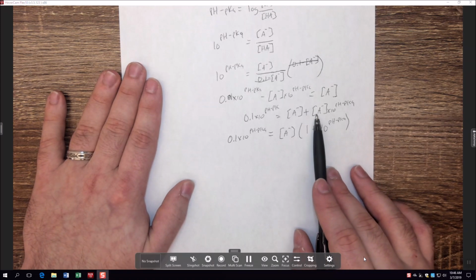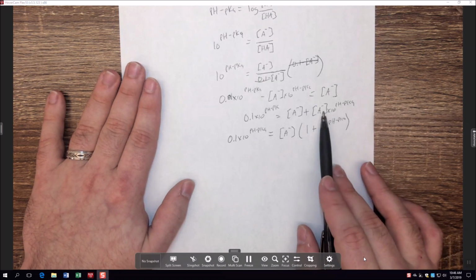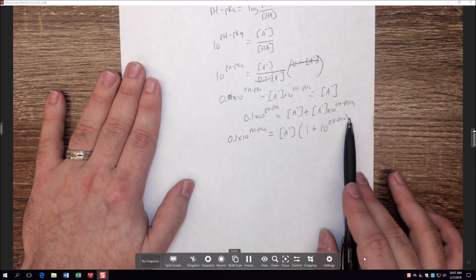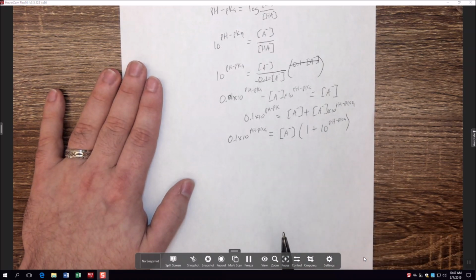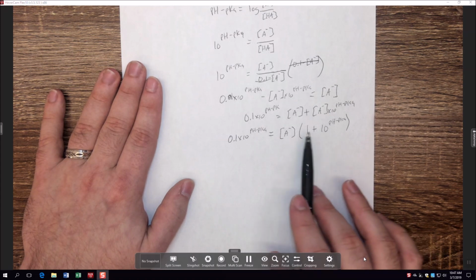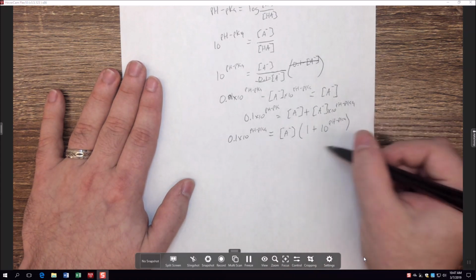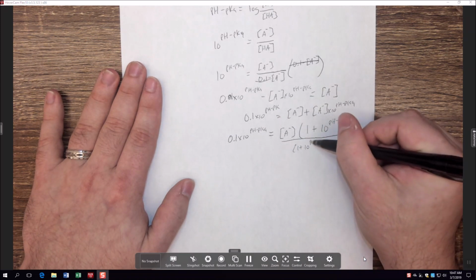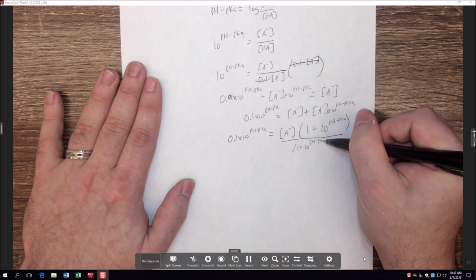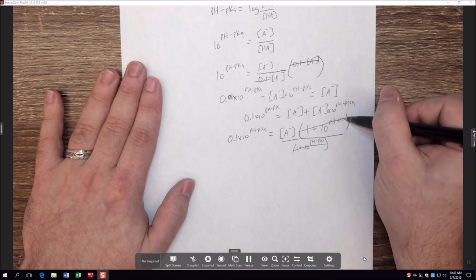And if I take A minus times 10 to the pKa and I pull out the A minus, I'm left with 10 to the pH minus pKa. So now I have the concentration of A minus isolated. So I simply divide both sides of the equation by 1 plus 10 to the pH minus pKa, which will cancel out on this side of the equation.